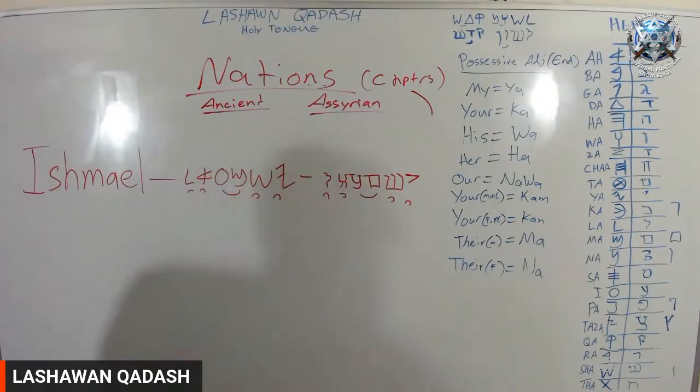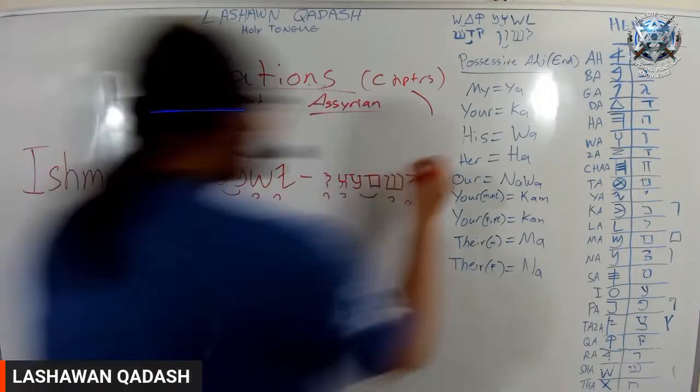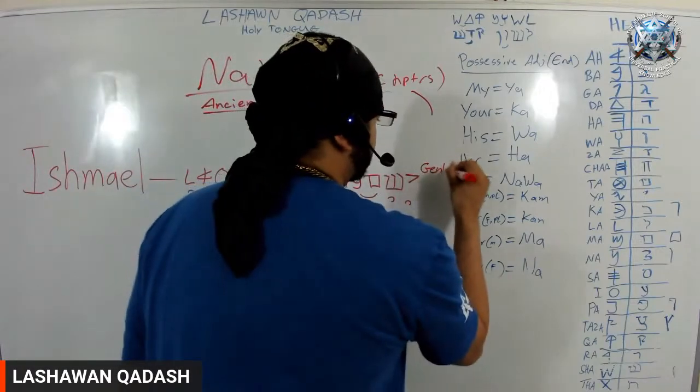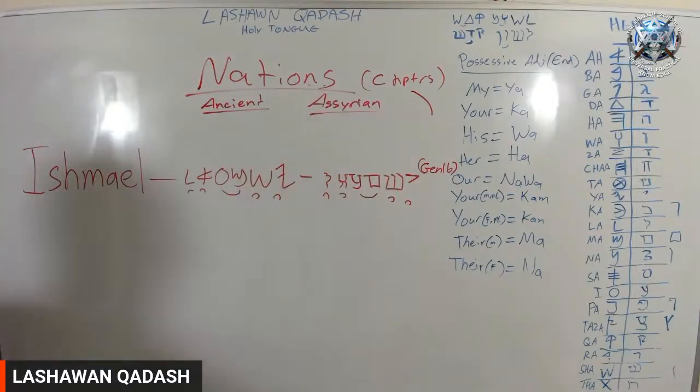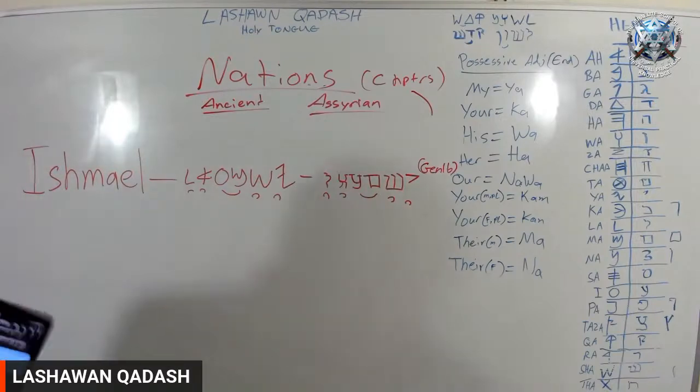But really, what it comes down to with Ishmael is that he was introduced in Genesis 16, I think. Genesis 16. Yeah, you just texted me the Hebrew.